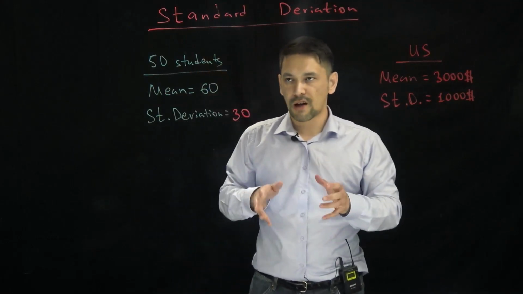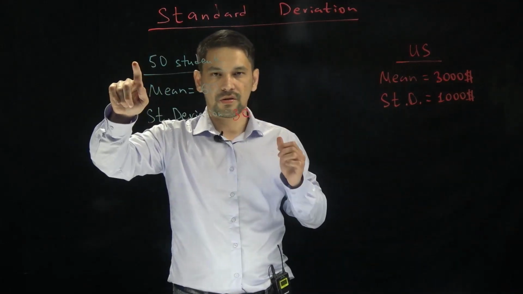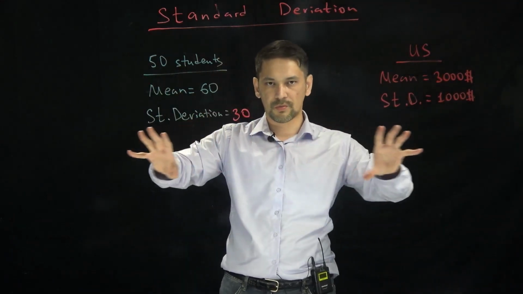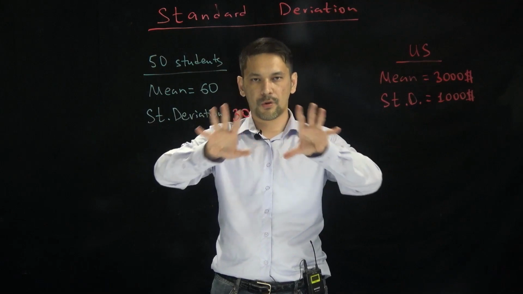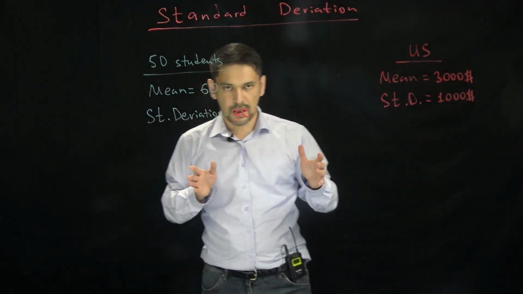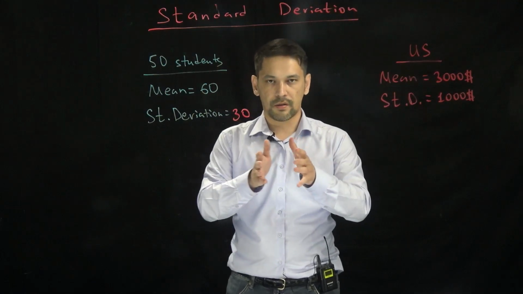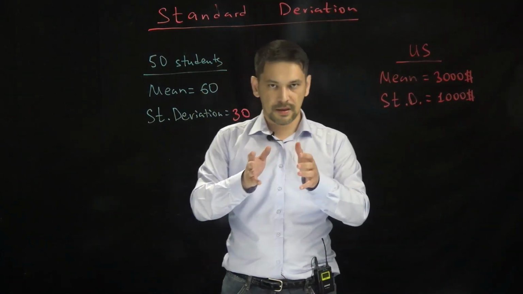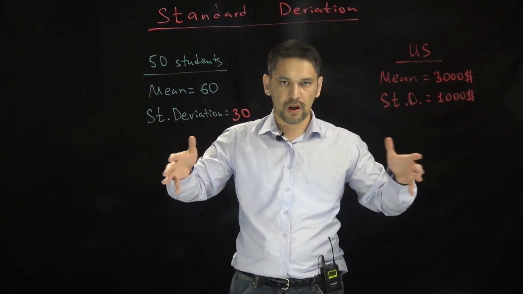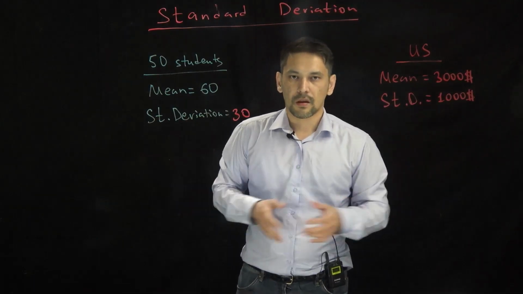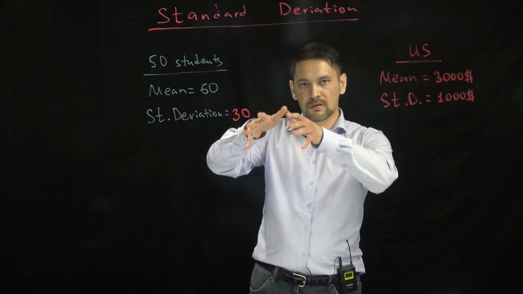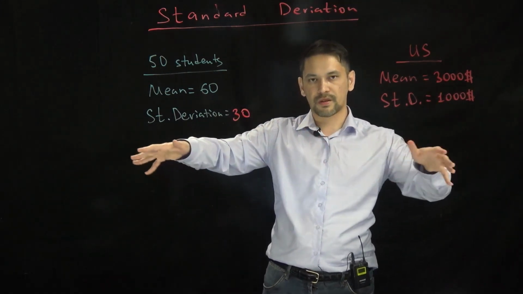So if you build a graph that shows the scores of all the 50 students, you will see in this graph that the students are more spread out. They're further away from the average, from the center. Okay, so the smaller the standard deviation, the closer we are to the center. The greater the standard deviation, the further we are away from the center, and the more spread out the scores are.